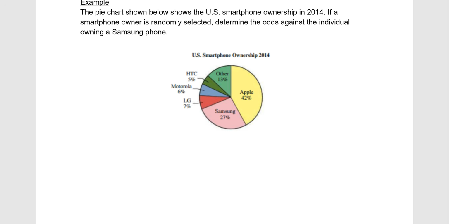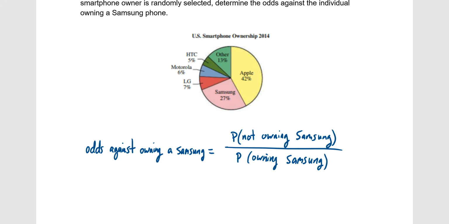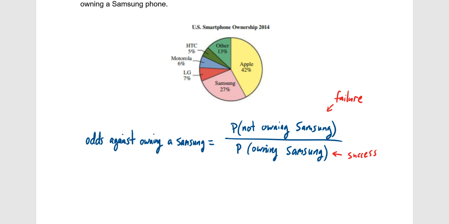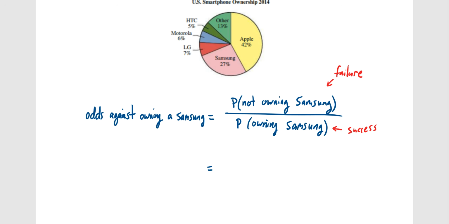For the odds against them owning a Samsung phone, it's the probability of failure, which in this case is them not owning a Samsung phone, divided by the probability of success, which is the probability of them owning the Samsung phone. Let's do the denominator first. The probability of owning a Samsung phone is 27%.